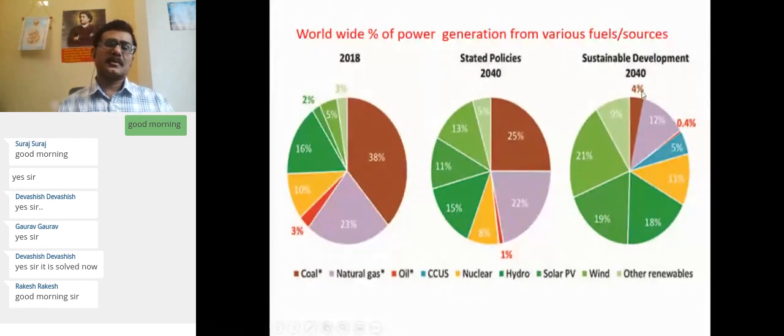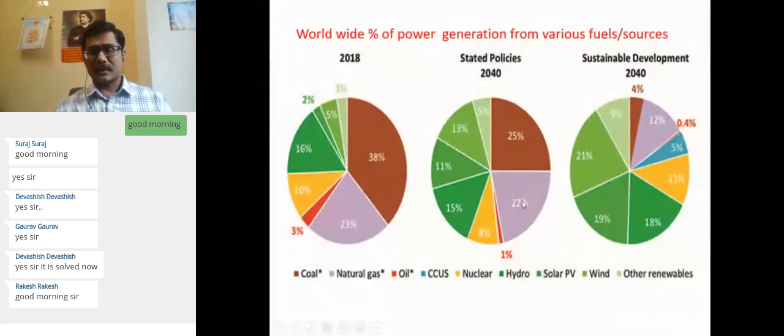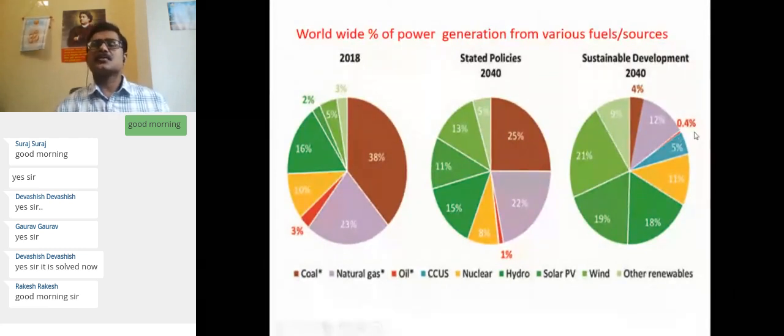So the consumption of coal is going to be static, or halted, by 2040. Natural gas goes from 22% to 12%. Oil is almost negligible, so as such no oil will be used for the generation of power. And the 5% is the CCUs that I was mentioning, isn't it?